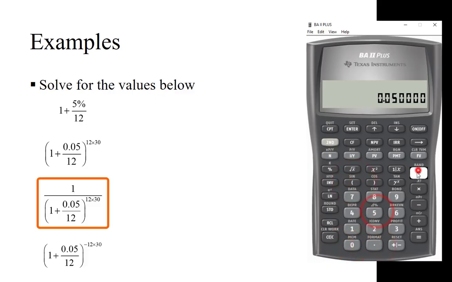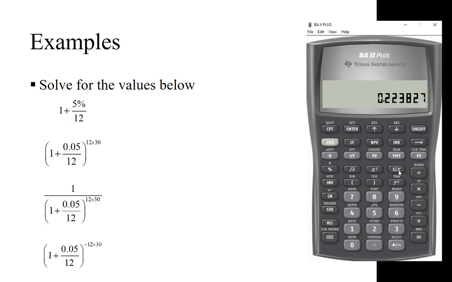We'll close that operation up with the close parenthesis, equals. We're going to raise that to the 12 times 30th power, which is 360. That's the value of our denominator, and we take the reciprocal of that, and that's the value of that whole quotient.